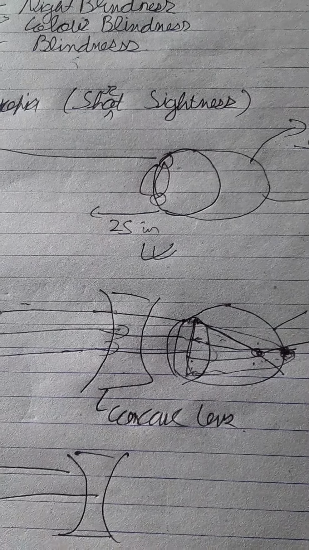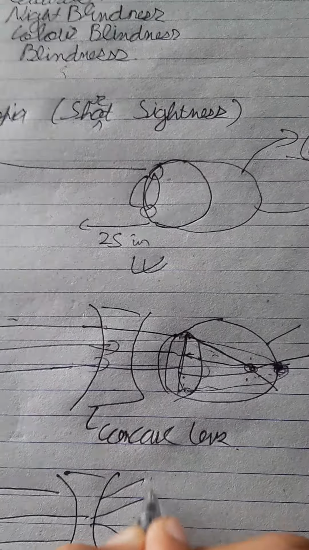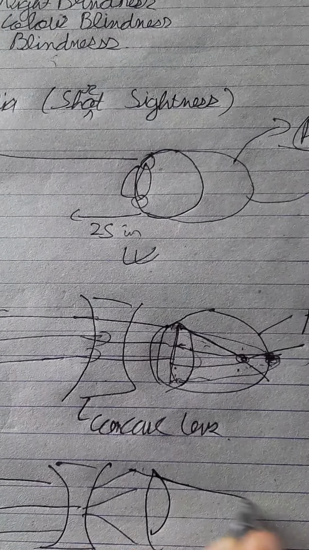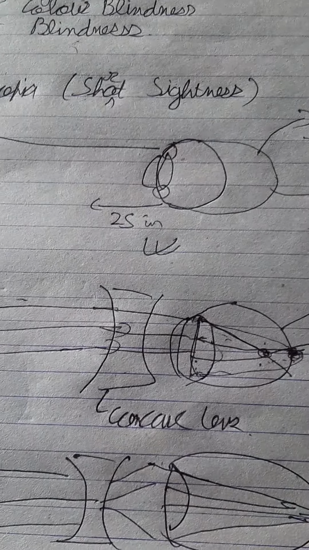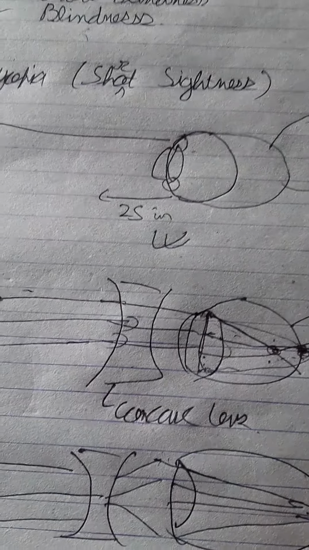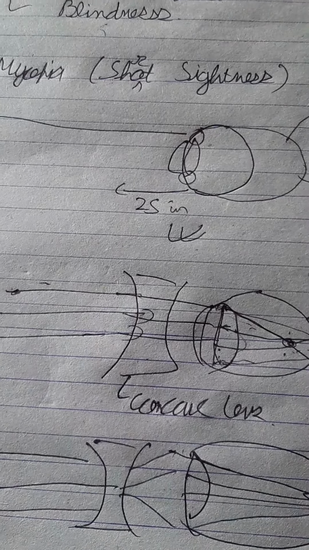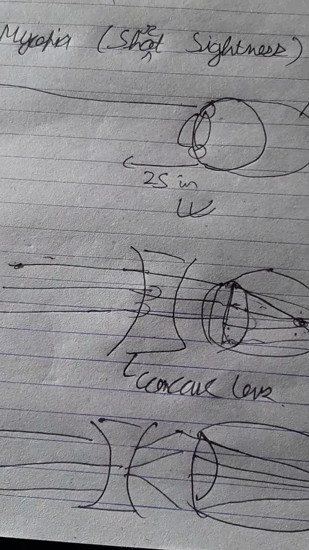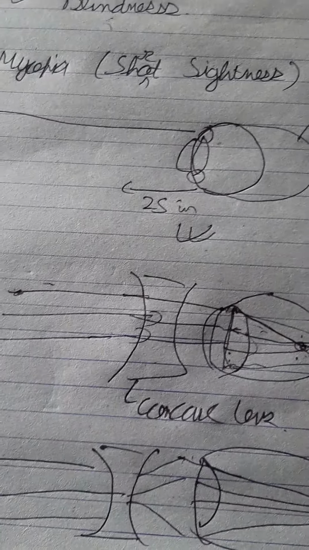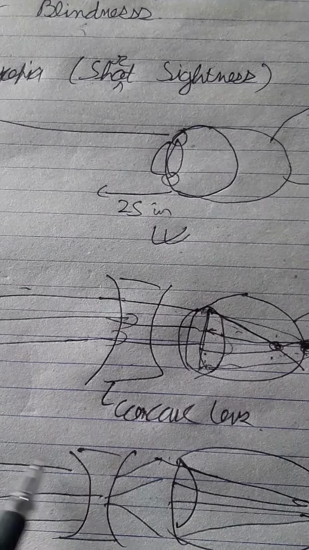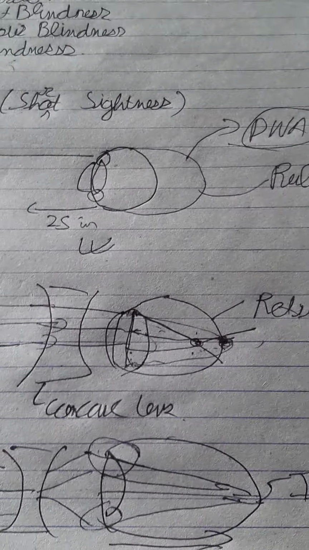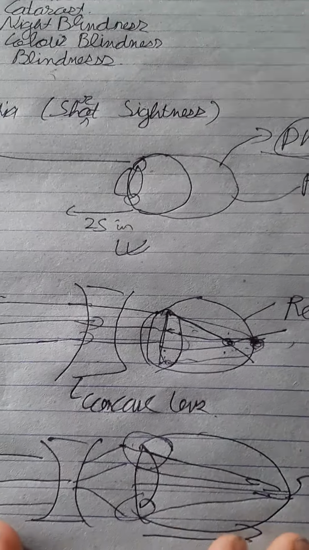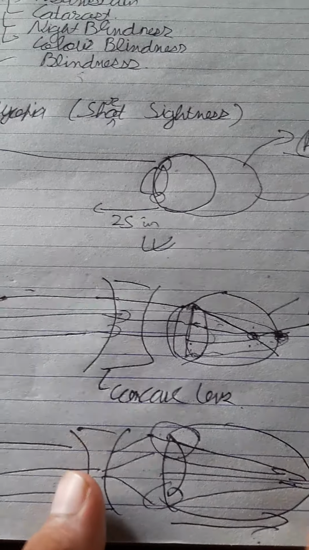The light coming from the ray first diverges through the lens, and then the eye's lens converges it properly, so that all these lines meet at the retina to form the proper image. So in this case, the defect is cleared. Vision is corrected by using a concave lens of the appropriate power. This depends on your power. If your lens or your eyeball has not elongated that much, this can be easily cleared. If it is more elongated, you require a higher power.